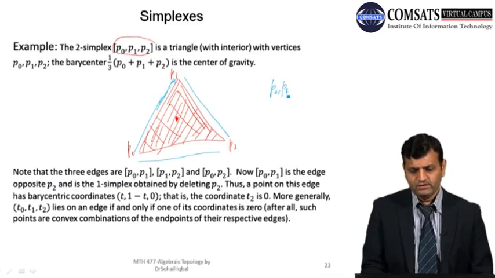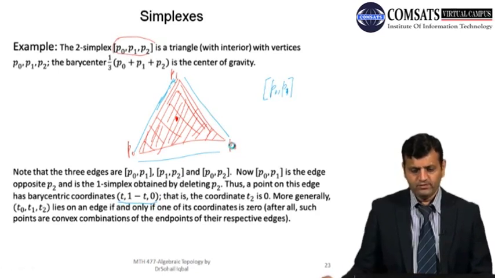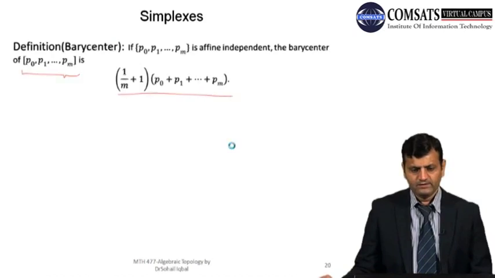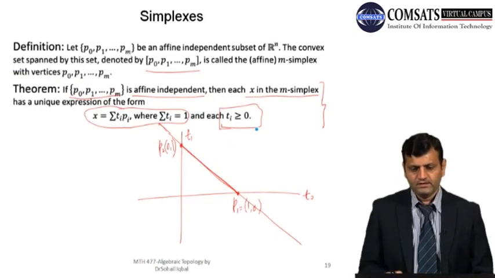We know that 2 points generate a 1-simplex. Thus a point on this edge has barycentric coordinates t1, t0, because there is no contribution of P2 in this case.